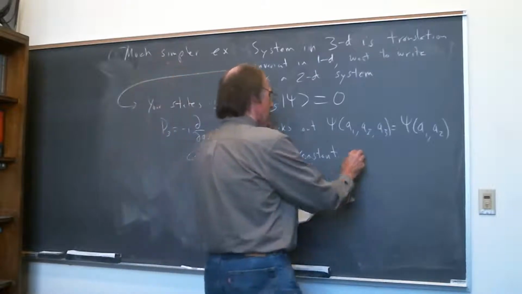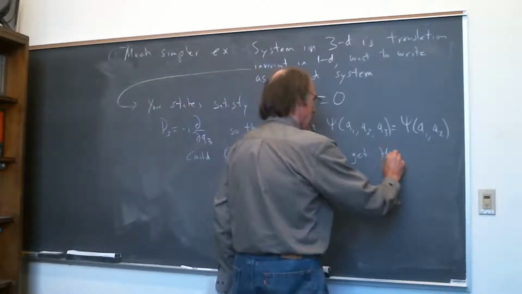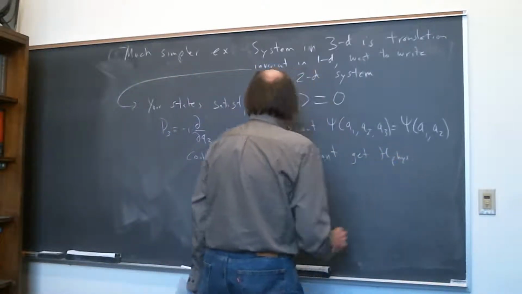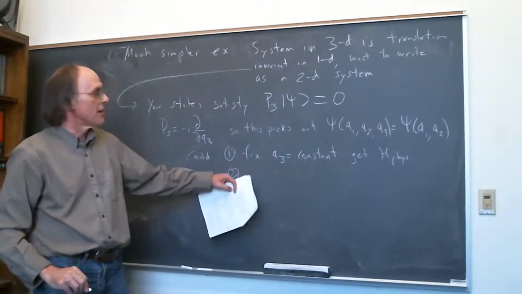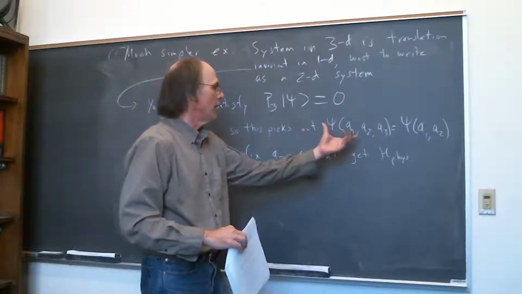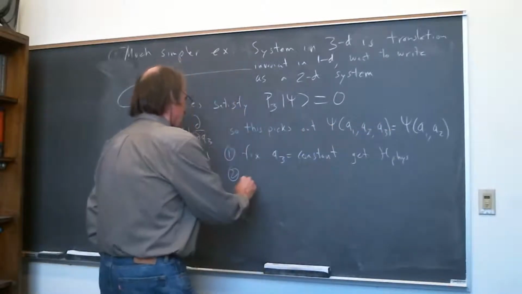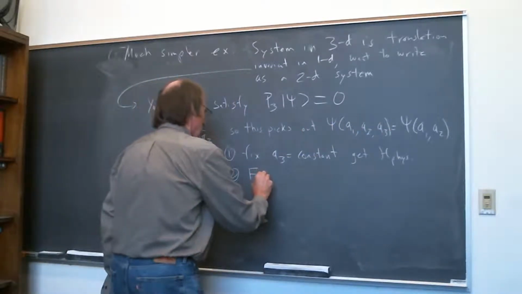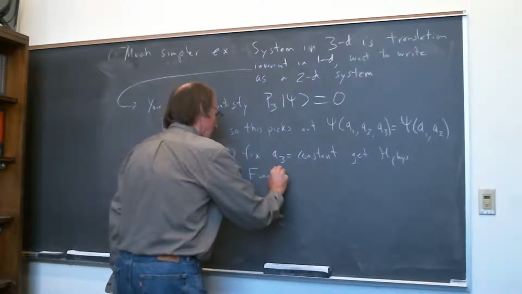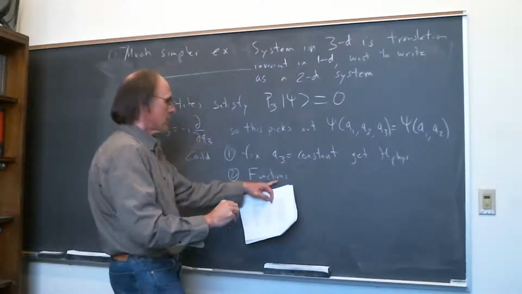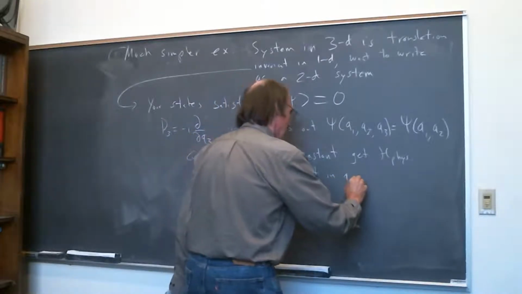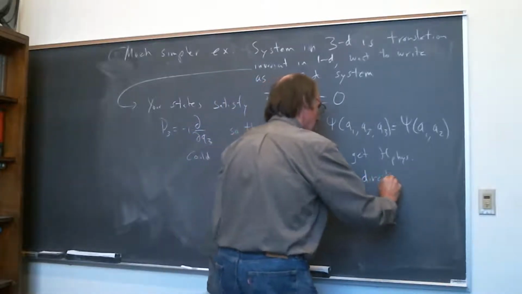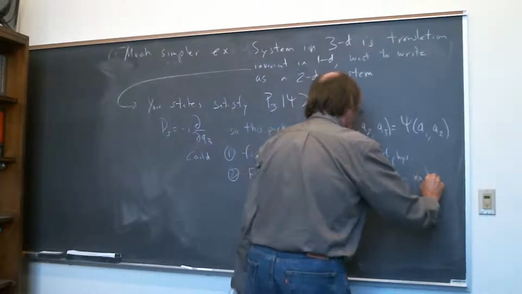And to get H phys, maybe to see the kind of problem that's going to occur: the functions that are constant in the Q3 direction are not normalizable.